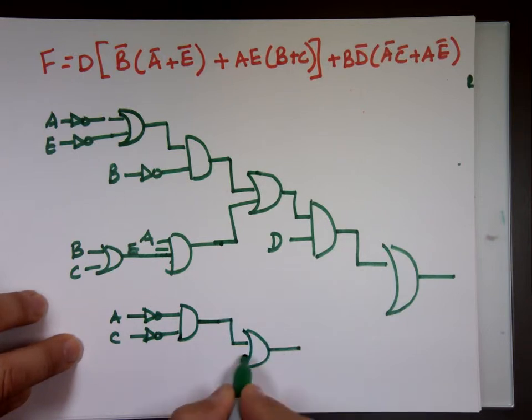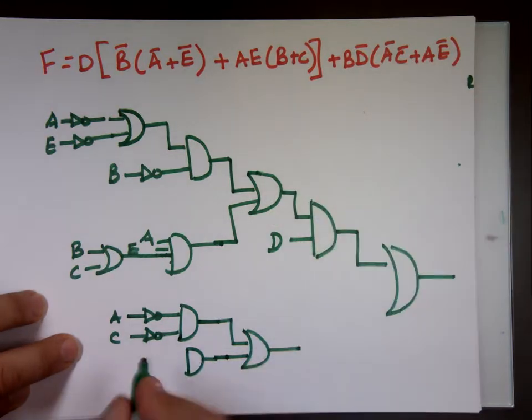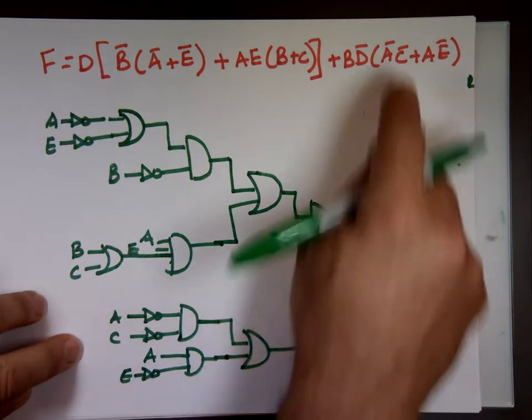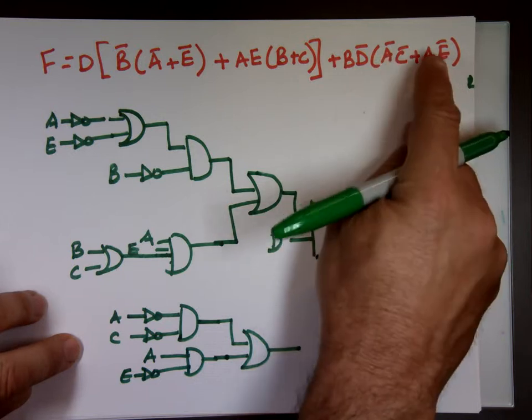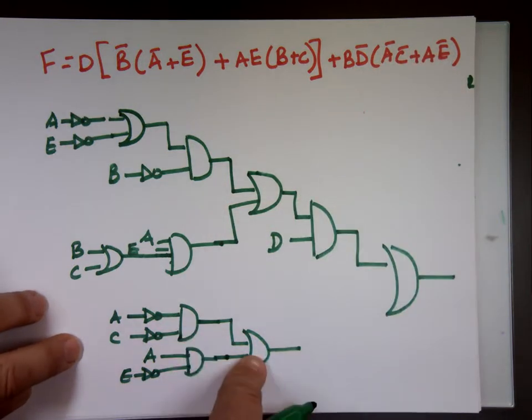ORed with another AND gate of A and E NOT. This AND gate, or together. This AND gate, or together.